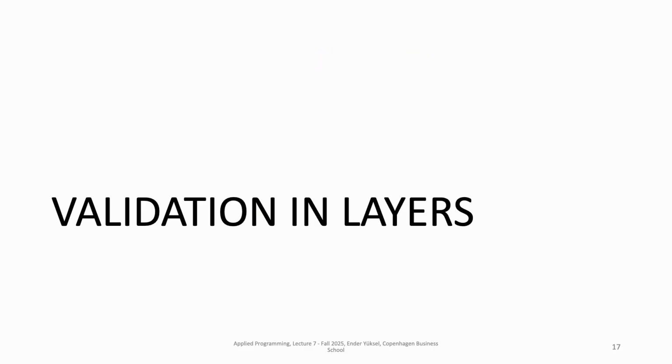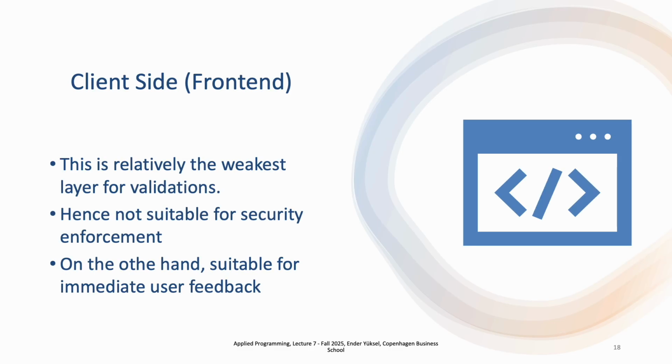Let's look at the validation in different layers. We currently work on the front end, which can also be called the client side. This is relatively the weakest layer for validations, because this is the layer where we are receiving the user input.